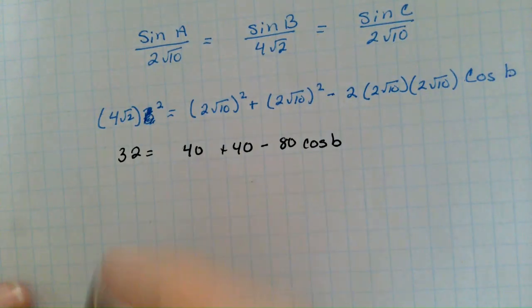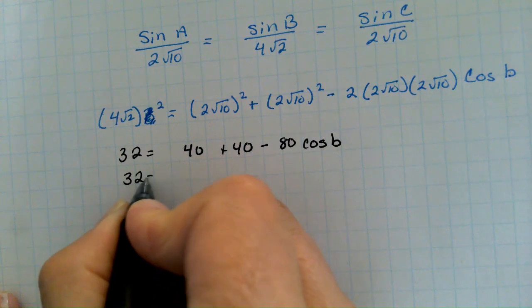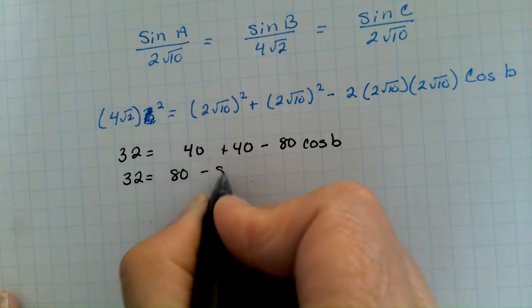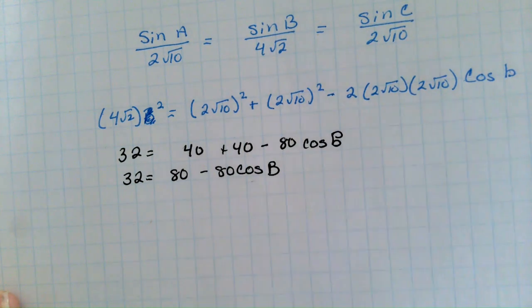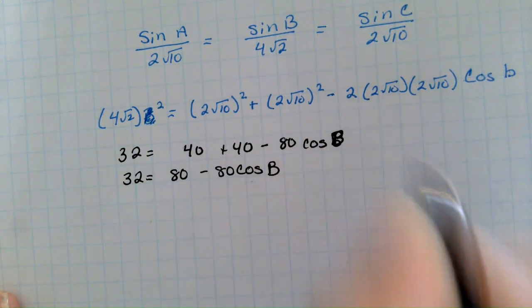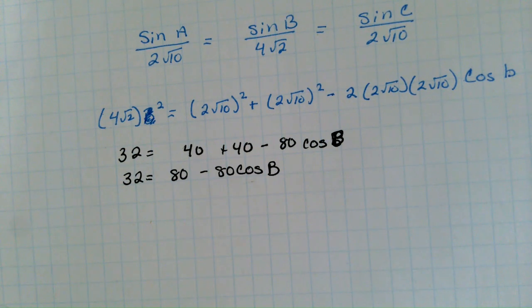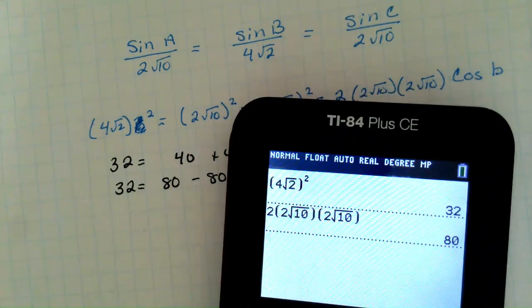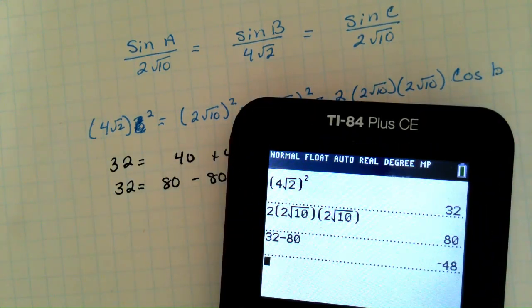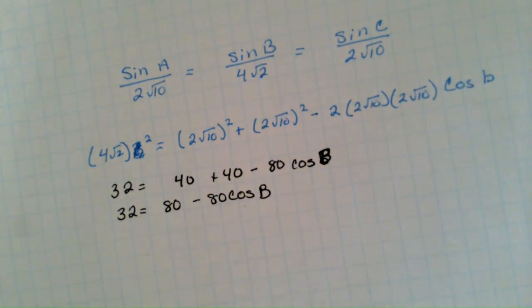Okay, combine like terms. Guess that should have been a capital B. Sorry about that. Now, remember you can't make this 0. They're separate terms because this is included in that. So we're going to have to subtract 80 to the other side. We get negative 48.